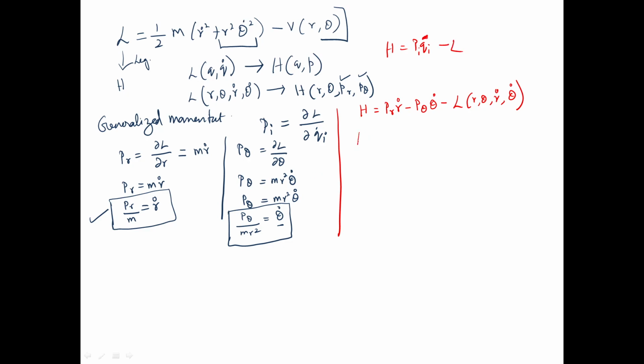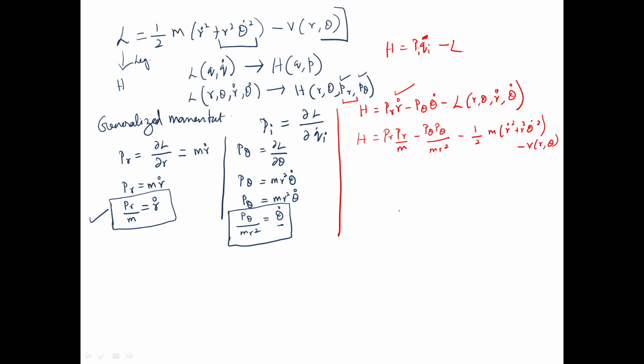So H is equal to p r, where instead of r dot we replace it by p r divided by m, plus p theta, where theta dot is replaced by p theta divided by m r square, minus L, which is one by 2 m r dot square plus r square theta dot square, minus V, a function of r and theta.